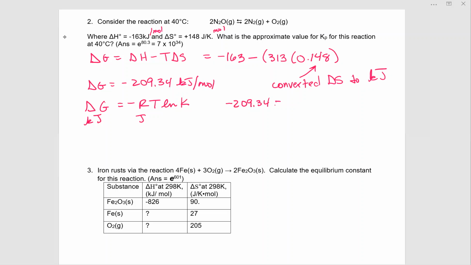So I'm going to have negative 209.34 is equal to negative 0.008314.